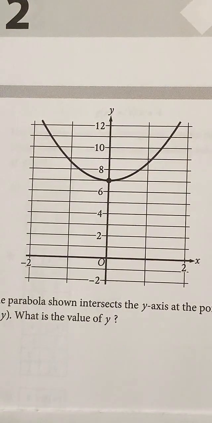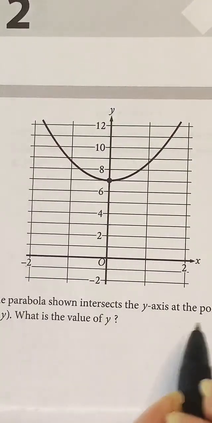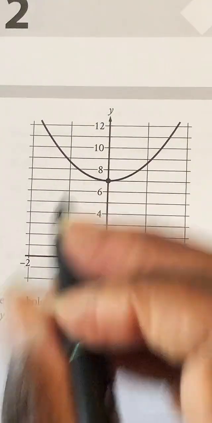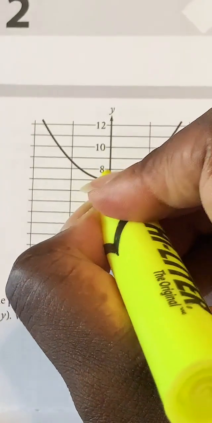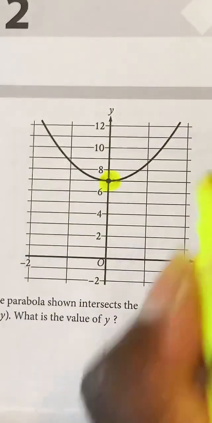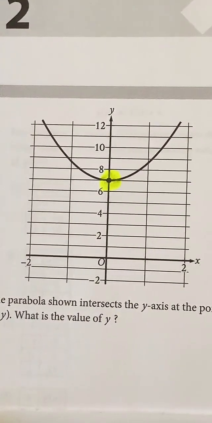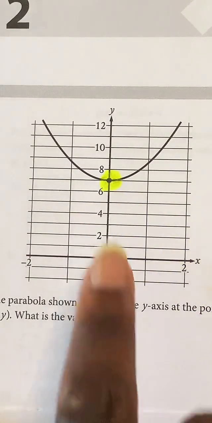All right. So let's take a look. We're saying it's intersecting, and where it's intersecting is right here. This is called your y-intercept. Let me blow your mind with the reason why: because it's crossing the y-axis.